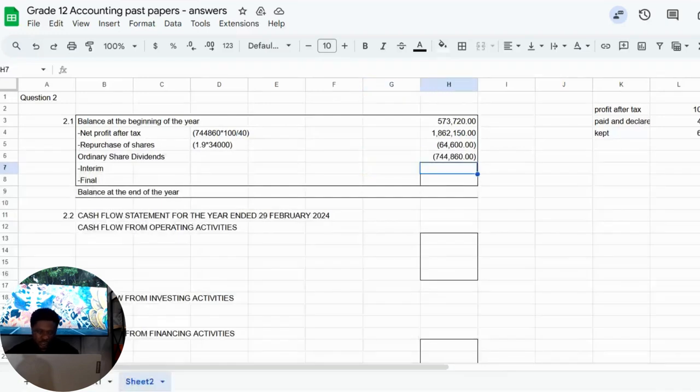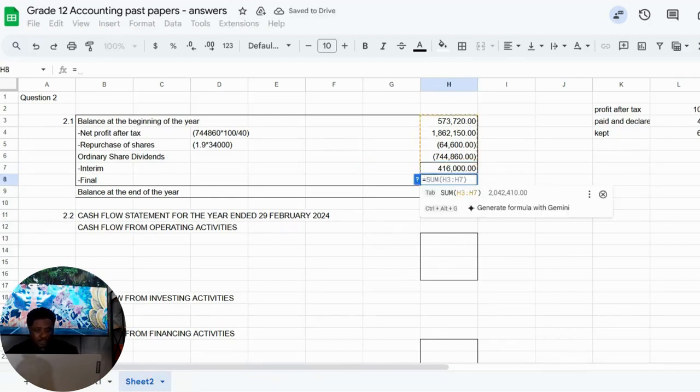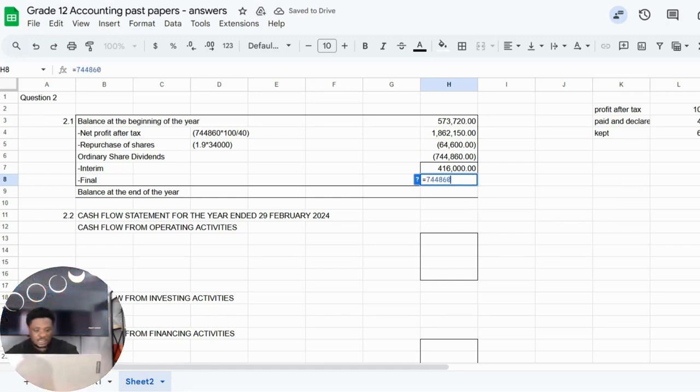So what are we going to do there? We're just going to come in here and put 416,000, and then after that we're going to work out the difference between 744,860 and 416,000, and that will be our final dividend. Therefore, we got our final dividend as 328,860, and therefore we can work out our balance at the end of the year.